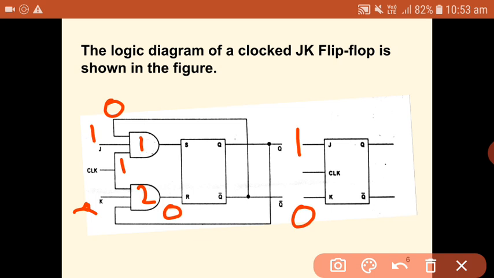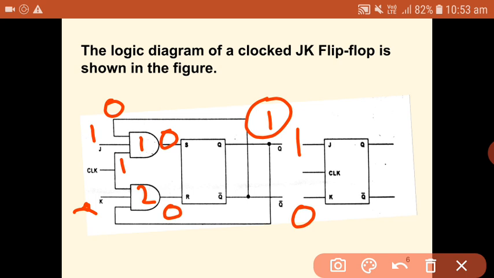Whenever Q bar is equal to 0, Q will be equal to 1. Then only you can assume Q bar to be equal to 0. Since Q bar is equal to 0, one of the inputs of the AND gate is 0, so the output of the first AND gate is also 0. So for the 0 0 combination, the present output will be equal to its previous output.